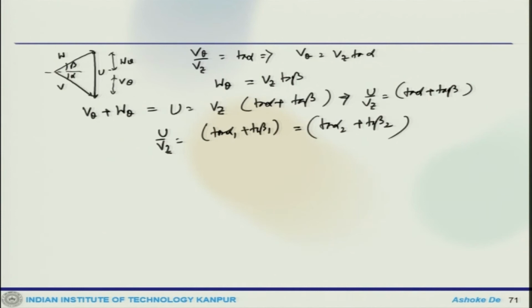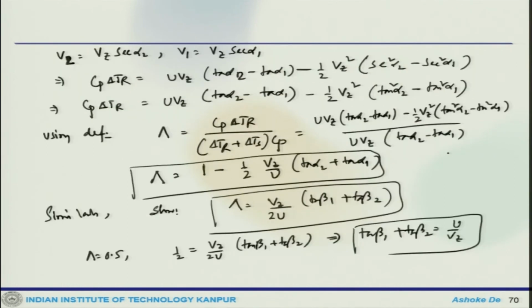So, for 50% or 0.5 degree of reaction, we get u by V z, tan alpha 1 plus tan beta 1 equals tan beta 1 plus tan beta 2, which we have got here.